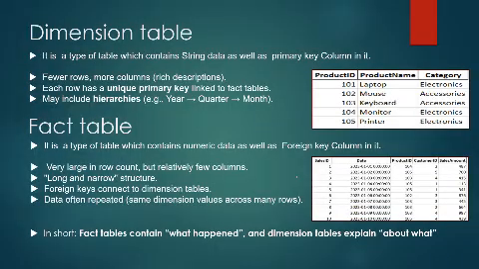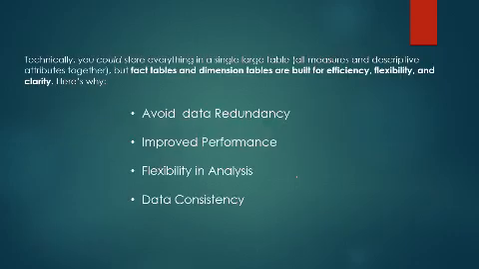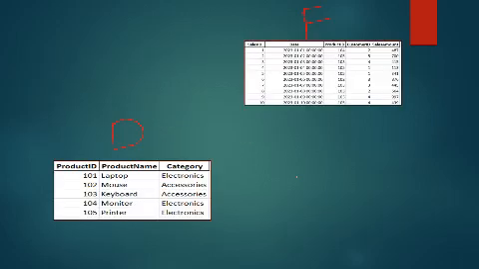Before going to data modeling, we have to know what a dimension table is and what a fact table is. And we got a question like why we need a fact table and a dimension table, can't we store everything in one? We have some reasons to use fact tables and dimension tables.